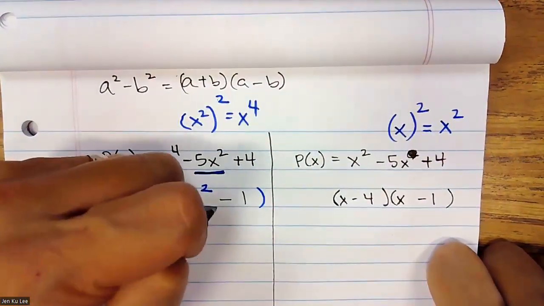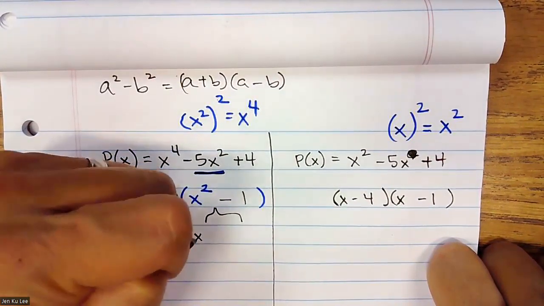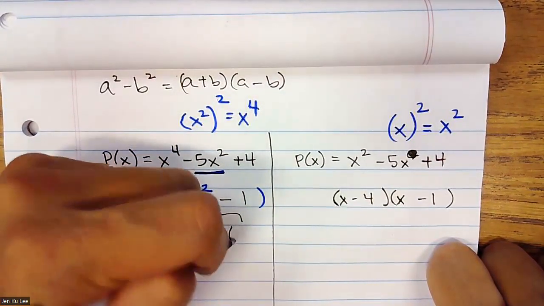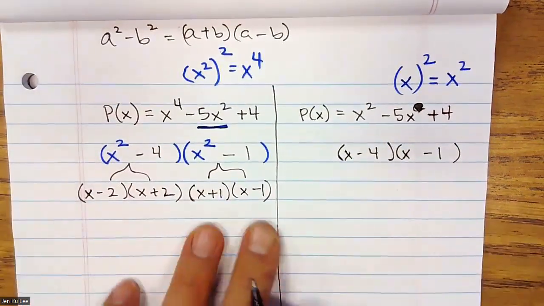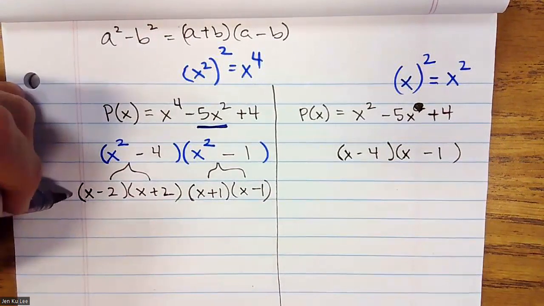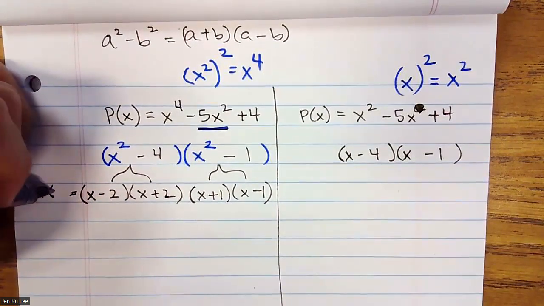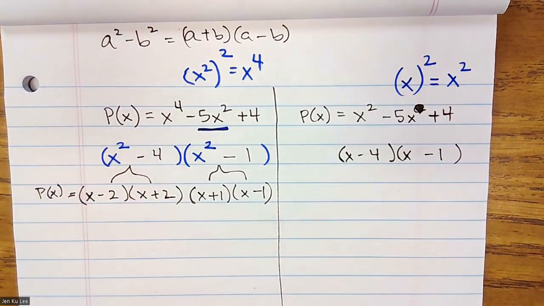Okay, so x squared minus 1 breaks out to be x plus 1 times x minus 1. Okay, and then we have the same thing, same factored form here, just in less steps. Okay?